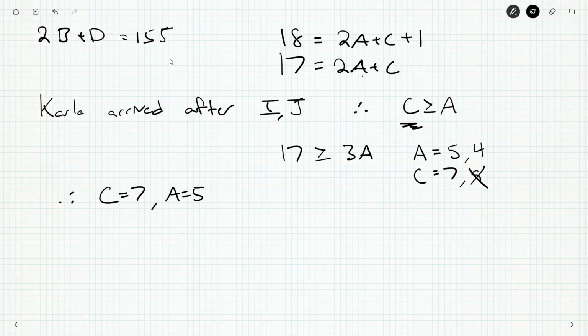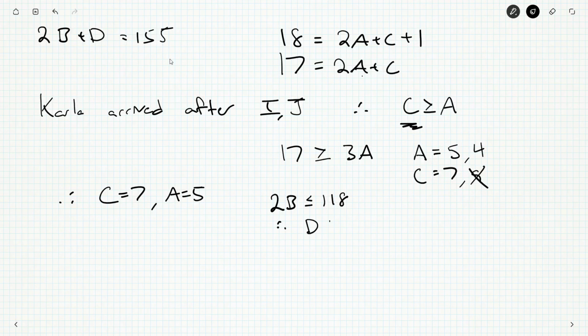B and D, they have to add up to 155. So 2B is at most 59 times 2, so it's at most 118.